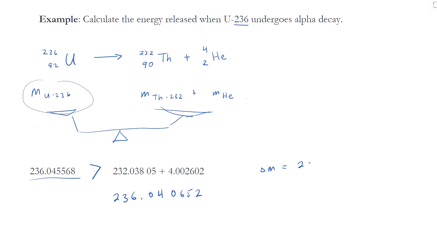It's just 236.045568 subtracted by 236.040652. I want the magnitude, because I know energy is going to be released here. I get a mass defect of 4.916 times 10 to the negative 3 atomic mass units.